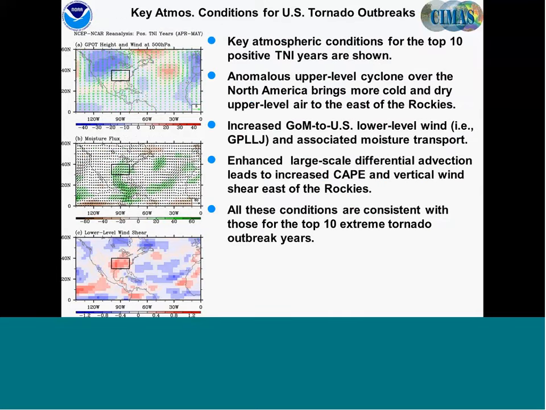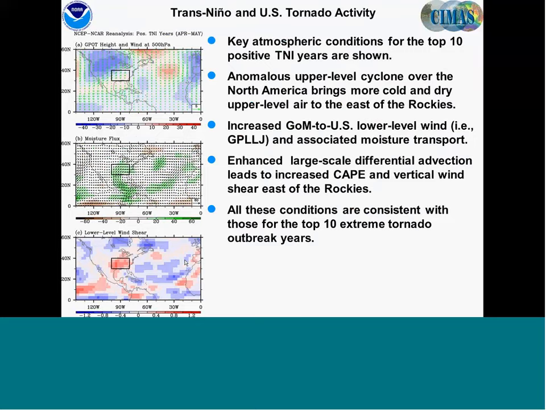Okay, so what I'm showing you here is basically the same 3 plots, same atmospheric conditions as the previous slide, but this is for the 10 strong positive Trans-Niño years. So it's a composite of those 10 years.